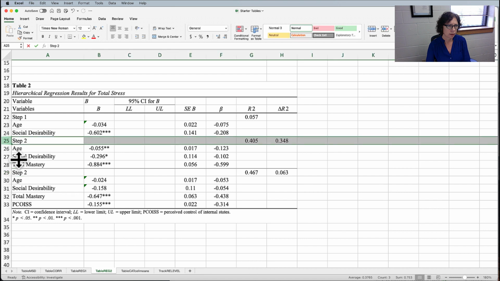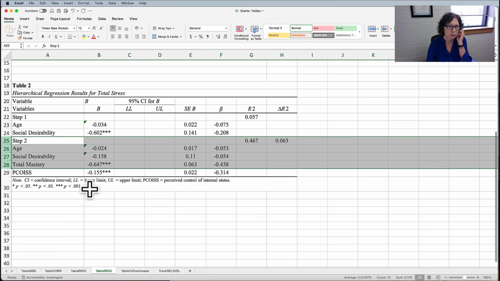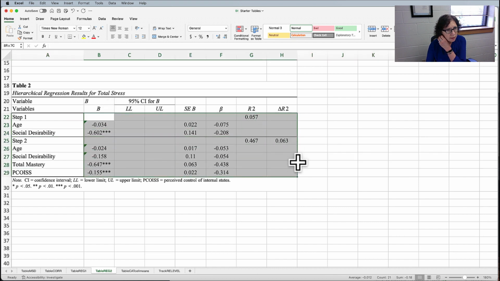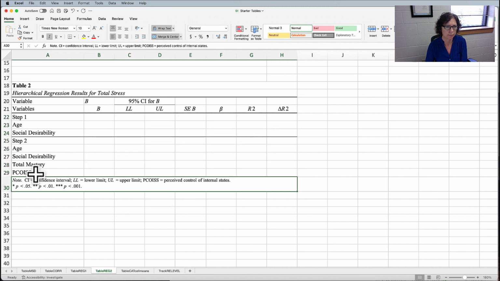I don't need all of these, so I'm going to delete. So now I have step 1, step 2, and all of this information I can get out of the output, but I need to clear out what I have here so that I can make sure I have new information and not getting lost, right?